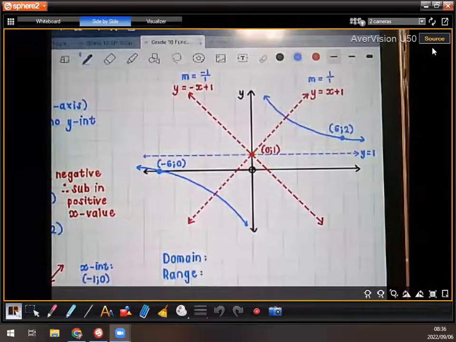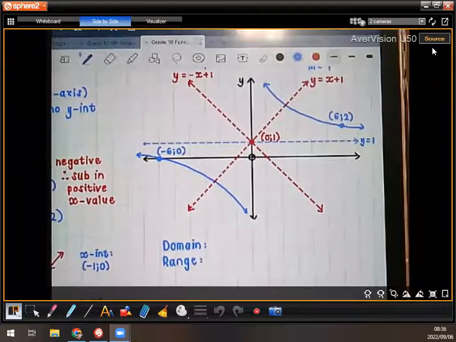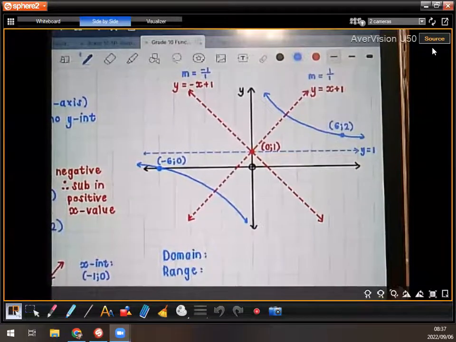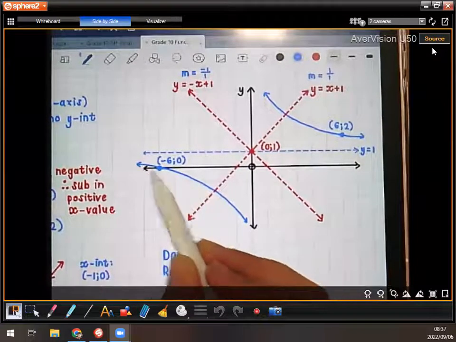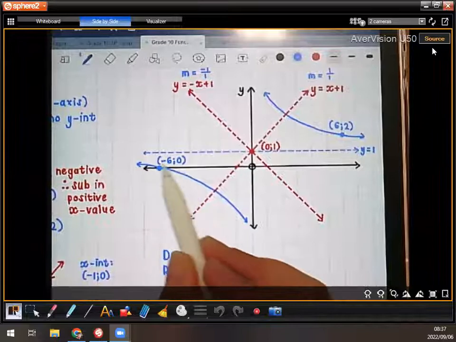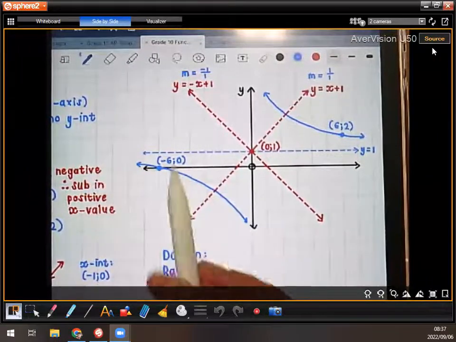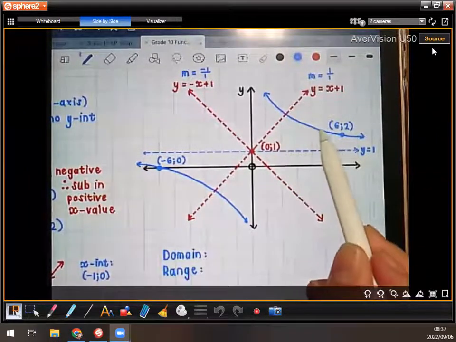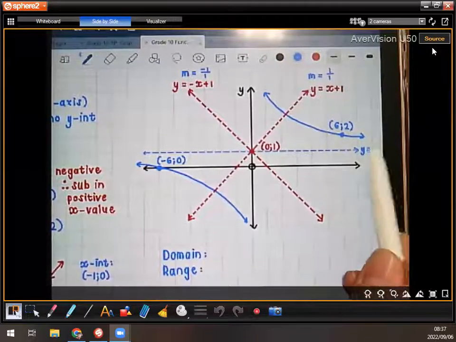And range. Okay guys, what do we think about the x values? Let's first look to -infinity. Do we agree that it's going to go towards -infinity, right? Because of that arrow. And on this side, it's going to go towards +infinity.